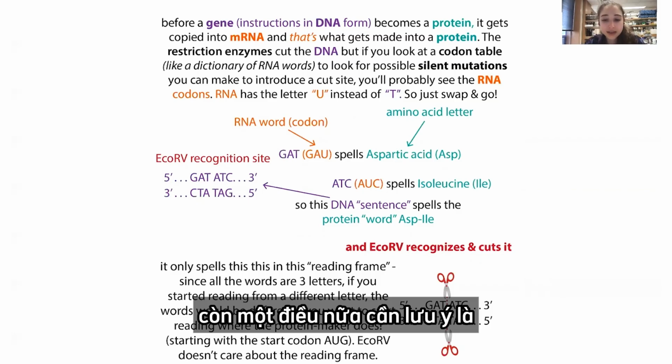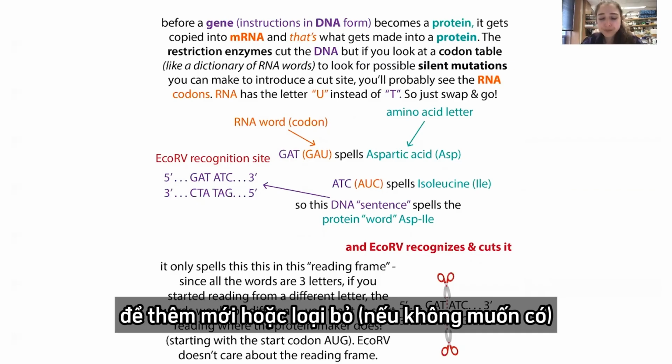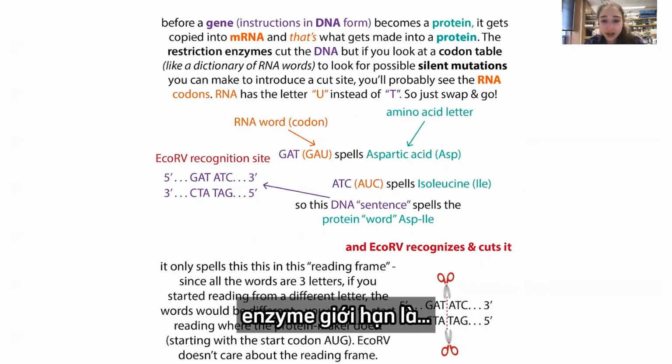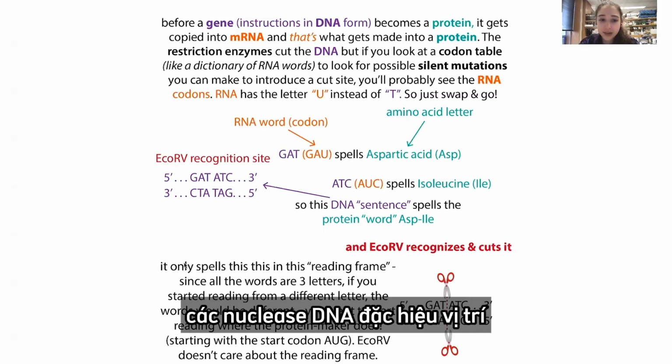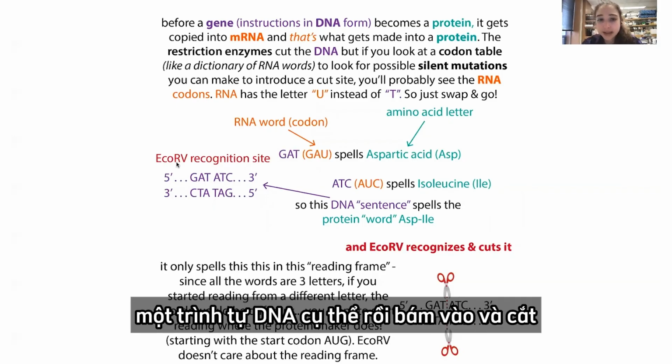Another thing to be aware of is, we can also sometimes introduce synonymous mutations in order to introduce or remove, if you don't want one there, a restriction enzyme cut site. And so restriction enzymes are these site-specific DNA nucleases that are going to recognize a specific DNA sequence and bind and cut.